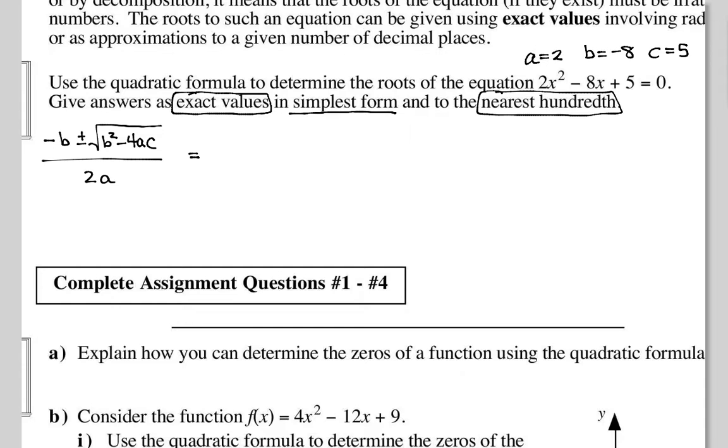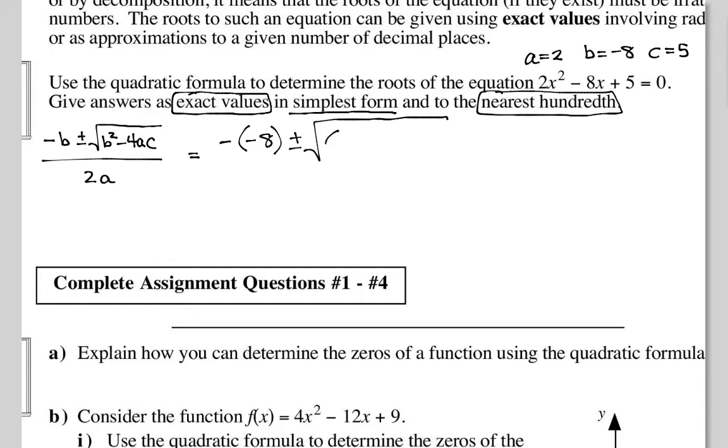Okay, let's plug in what we know. What is the value of B? So you're going to go plug in a -8 for B. Notice you have a minus out front and a minus inside. Okay, now we do the plus or minus symbol. Okay, B squared.